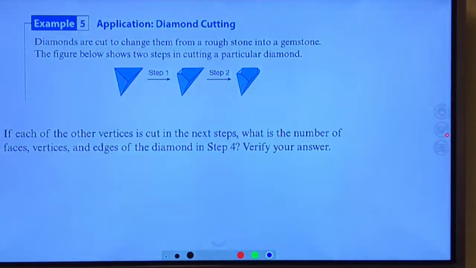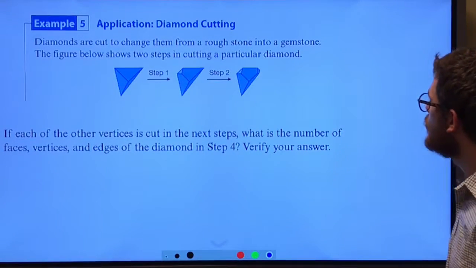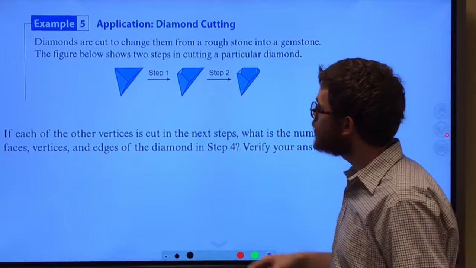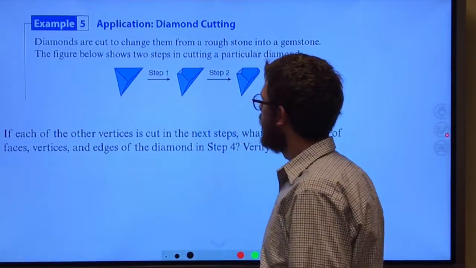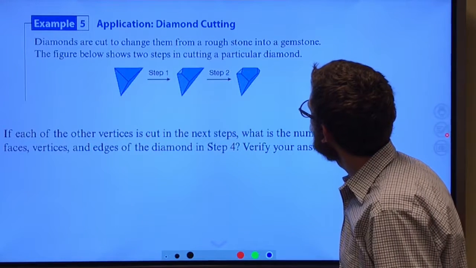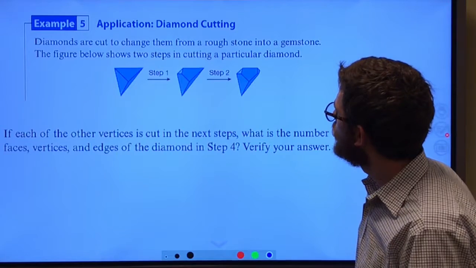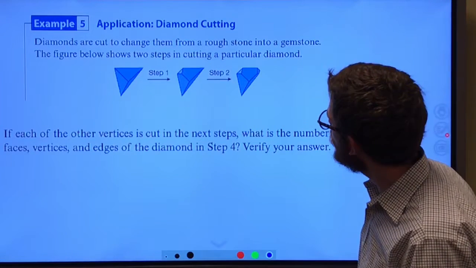Now, some application if we're thinking about diamond cutting here. Diamonds are cut to change them from a rough stone to a gemstone. Here we're starting right here with what looks to be a triangular pyramid.